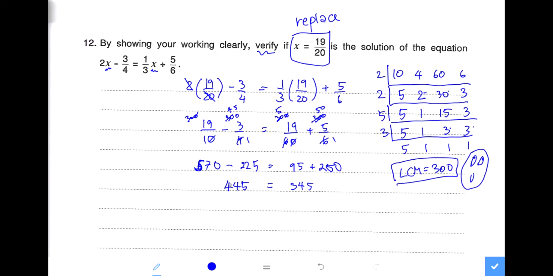So this one is not 445, it's going to be 345. So they are equal actually. My mistake. So 19 over 20 is the solution of this because this number makes the left hand side equal to the right hand side. After you replace, you have them equal, so it's a solution.